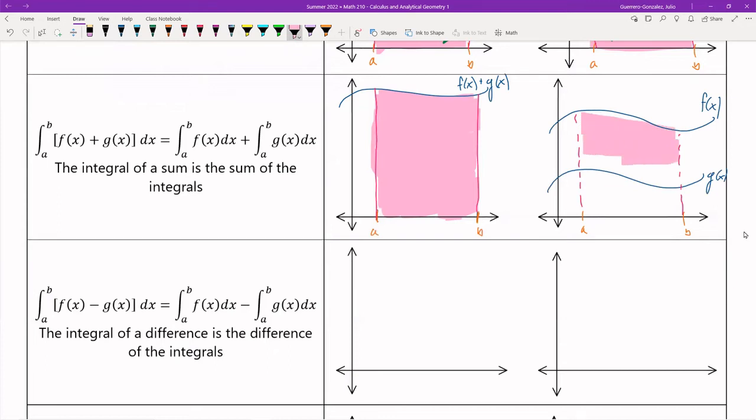It's this area, the big one from f of x, plus the area of g of x, this little bit right here. You basically get to add both of them together, and the addition of both should get you the original one, this one right here.